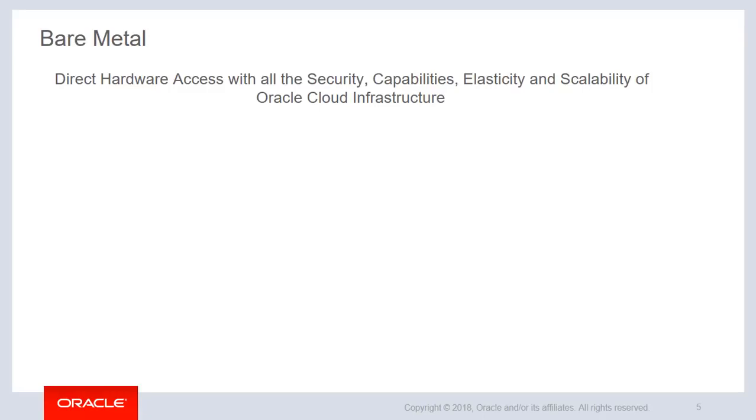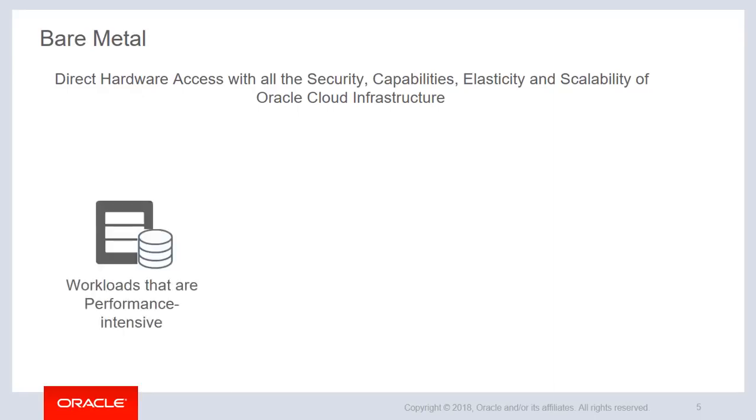And if you recollect, a couple of years back when we launched Oracle Cloud Infrastructure, we started with the bare metal compute service. Now, as we said, bare metal gives you the direct hardware access, but with all the security capabilities, elasticity and scalability of the cloud. So what are the use cases for bare metal server?